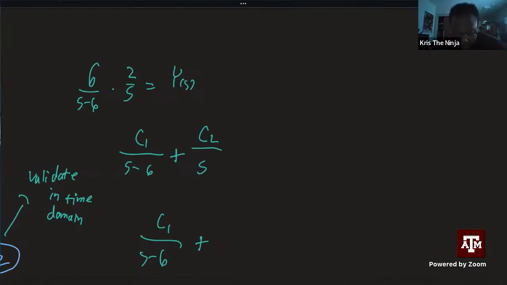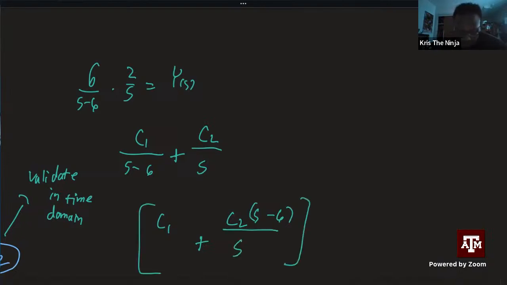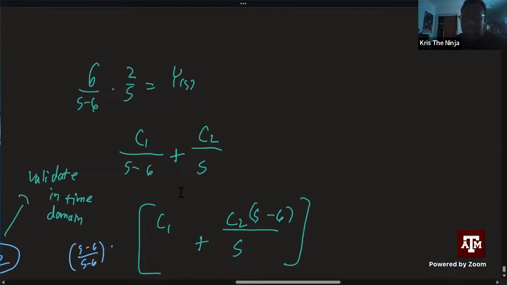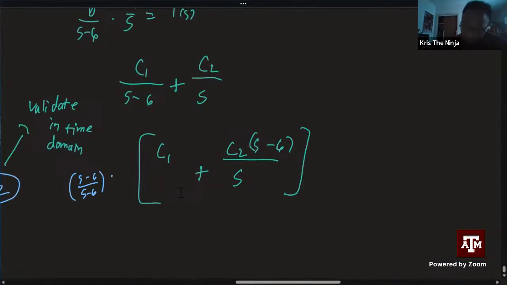So we've got C1 plus C2 times S minus 6 in parentheses over S. Just make that little note: S minus 6 multiplied on both sides.